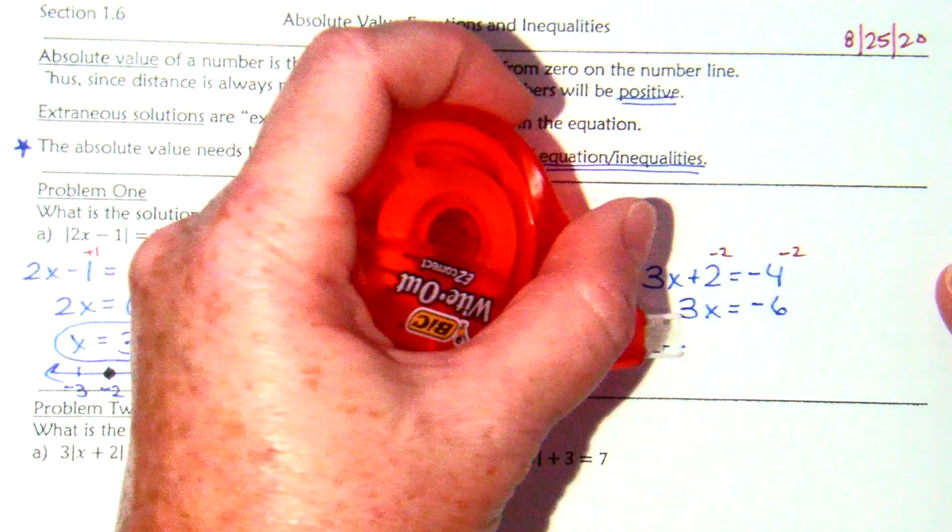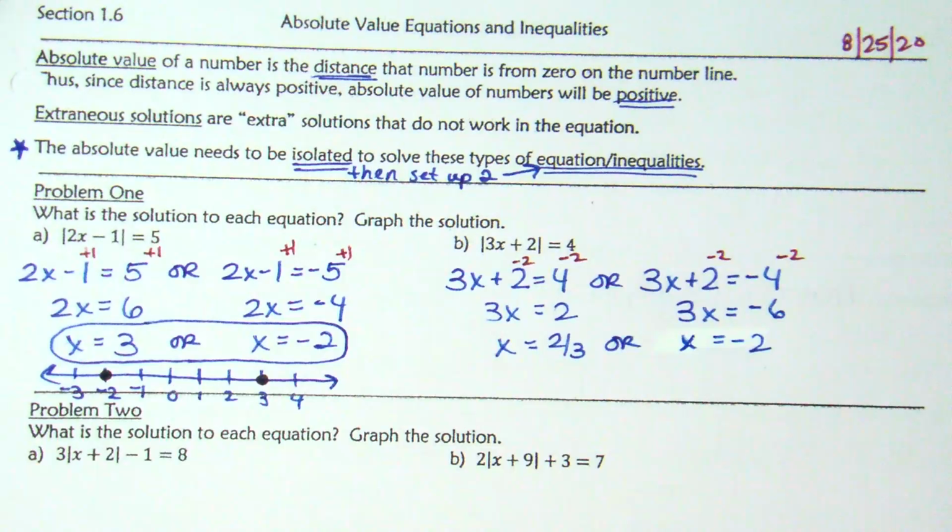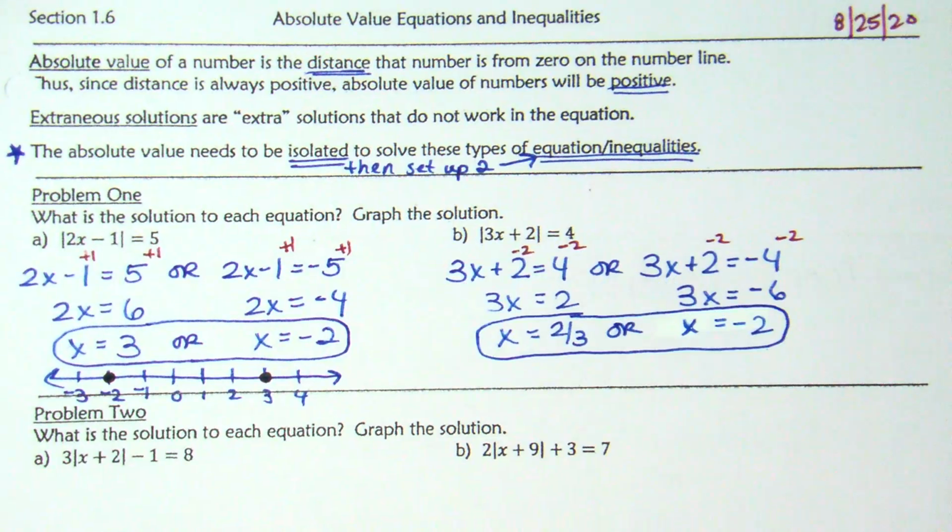Negative 6 divided by 3 is negative 2. Okay. I'm not going to worry about graphing that. We got the basics here, right?